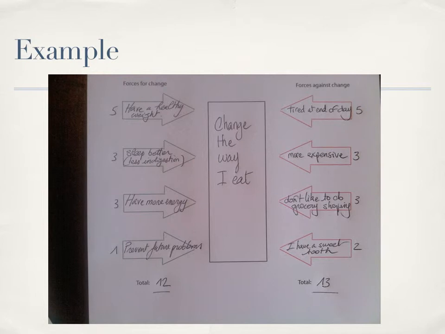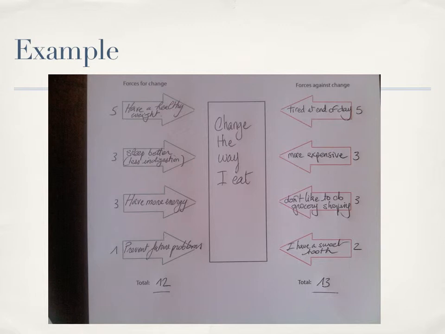Being tired at the end of the day. It's more expensive; she feels and thinks that it's more expensive to eat in a healthier way. She doesn't like to go often to grocery shopping, and sometimes it's needed to get fresh fruits and vegetables. That's one more resistance she has. And then she also likes to eat sweet food.